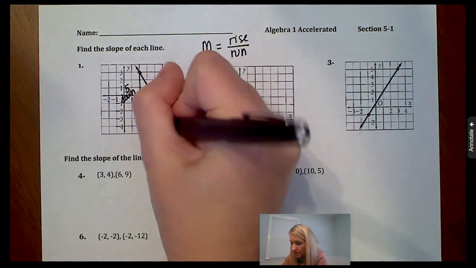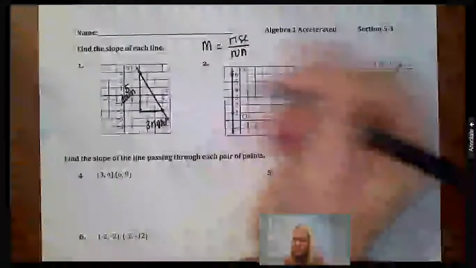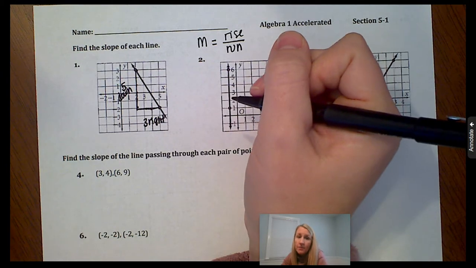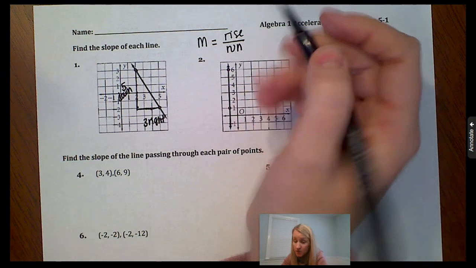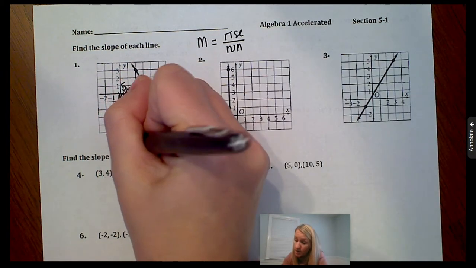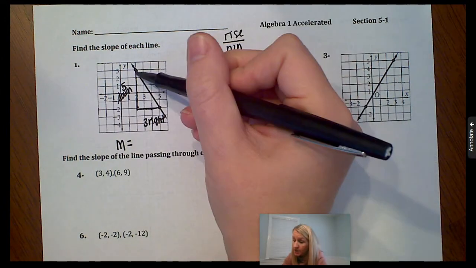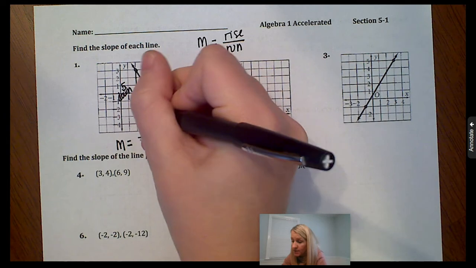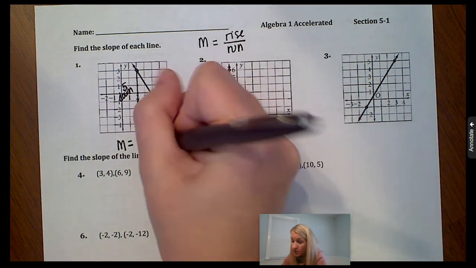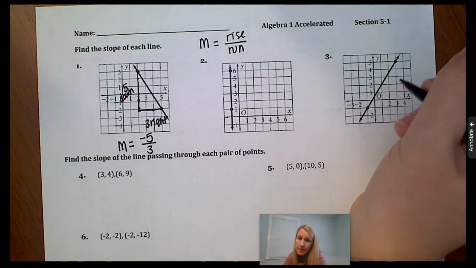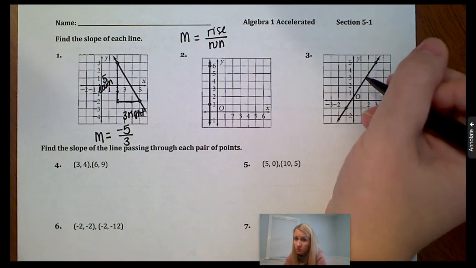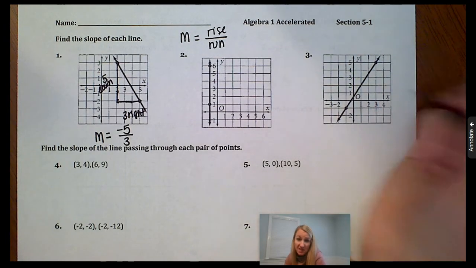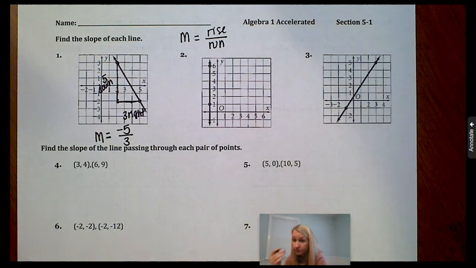Once again, you don't need to write this for now. You can write the next thing. This is more just watching. Just as a reminder, take into account your direction. Anytime we go down, it's always going to be a negative, and anytime we move right, that's a positive direction. So the slope of this line would be negative 5/3. Okay, so that's just your answer. That's the slope. We found it.